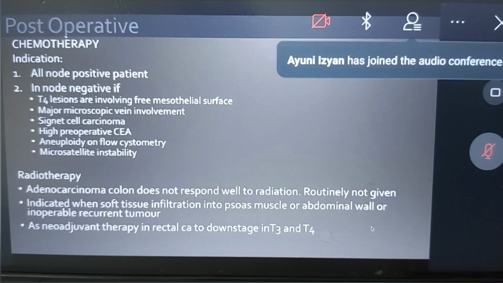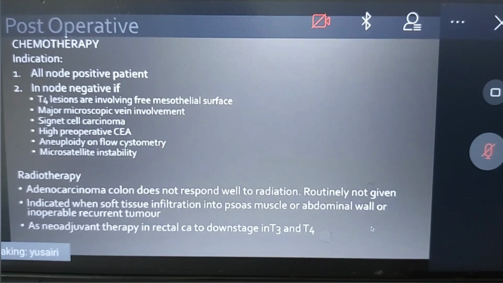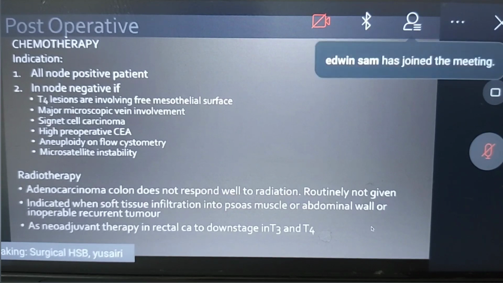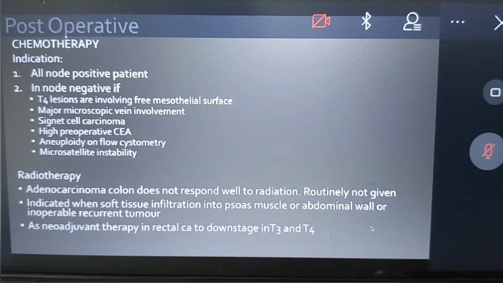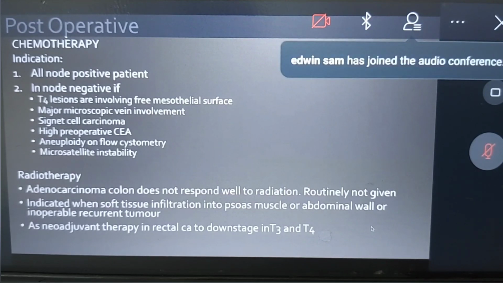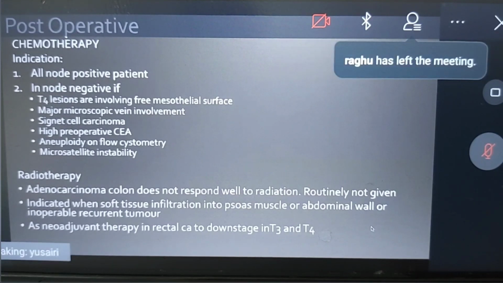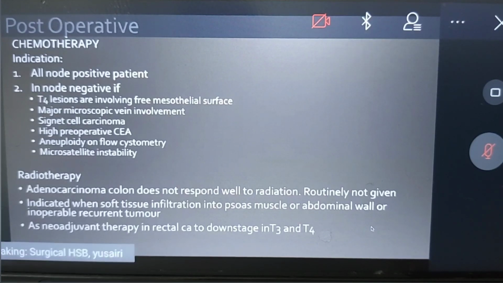Yes. Then why did you mix up the colon and rectum? It's two different things in management. If you want to manage rectal cancer, you have to talk about CCRT, MRI and all. If you want to manage colon cancer, it's a different thing. Don't mix up. Radiotherapy is meant for rectal cancer, not colon cancer.